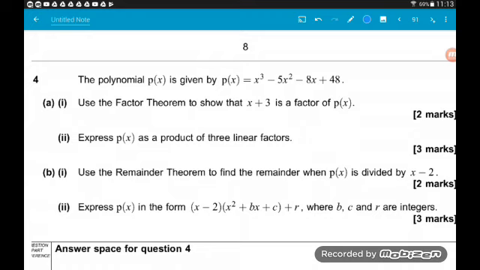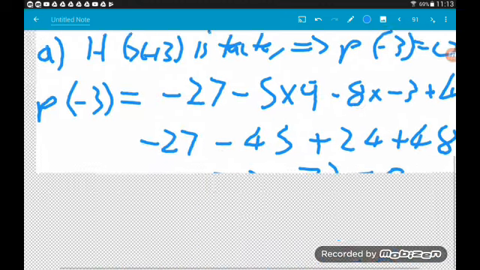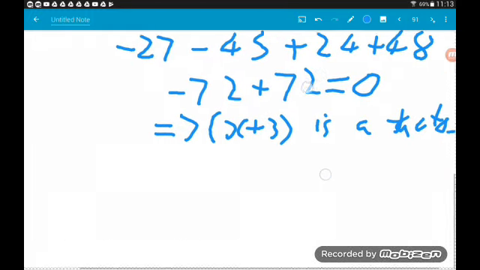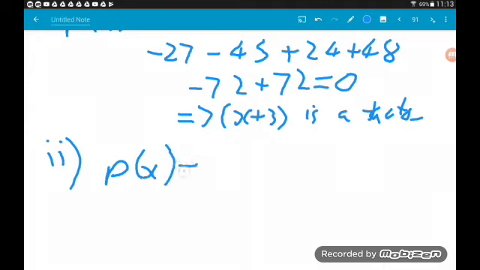Okay, and then part 2 of question A asks us to write p of x as the product of 3 linear factors. So I'm just going to use the factor theorem to do this. So for part 2, well, we now know p of x has one factor of x plus 3.